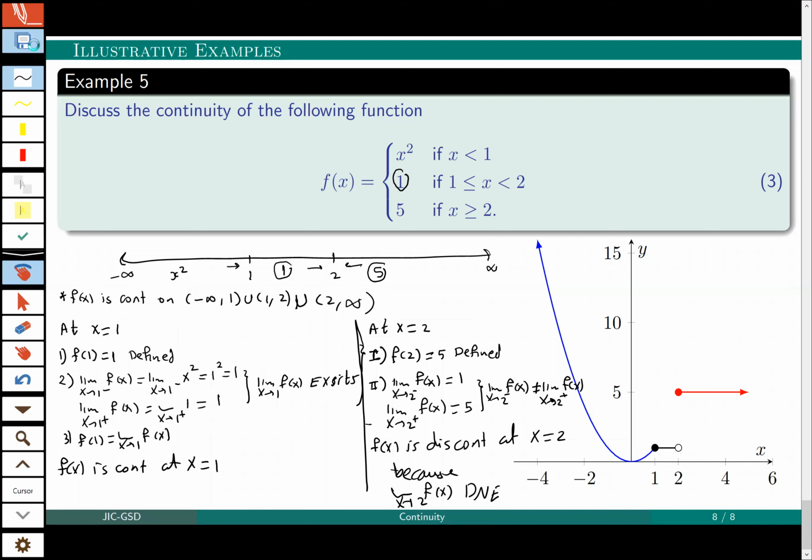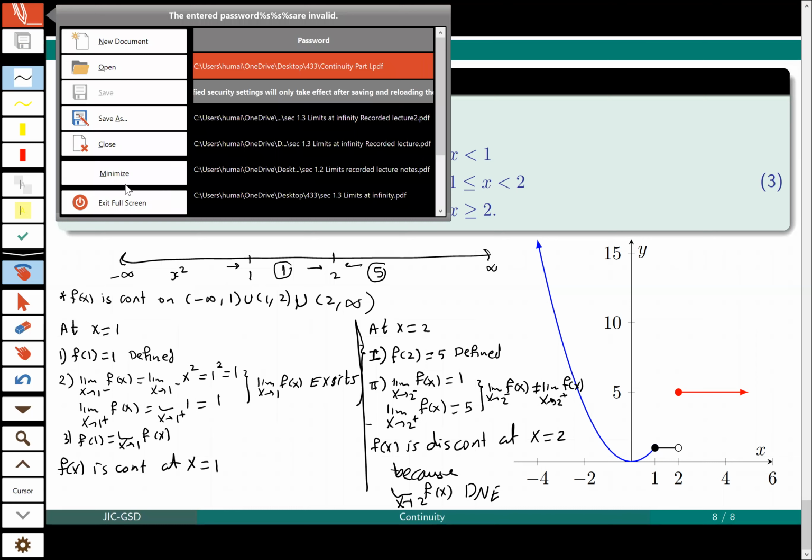Now, this will end the first part, which is discussing the continuity of the function at a point. Thank you for listening.